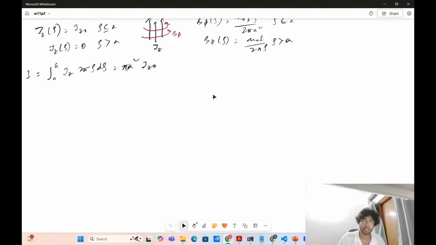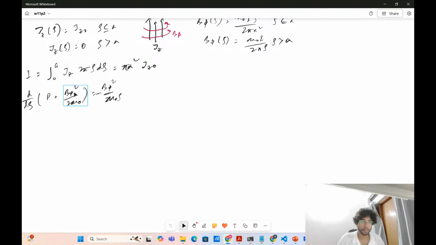now let's look at the main equation which we had for the force balanced equilibrium. So this was the equation.